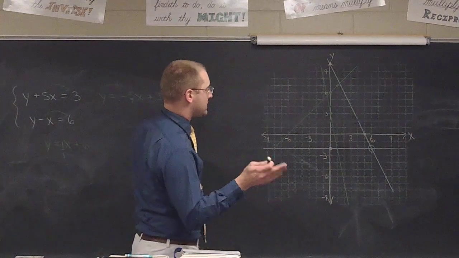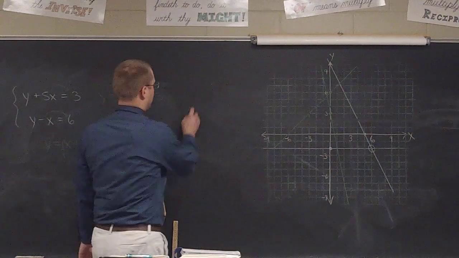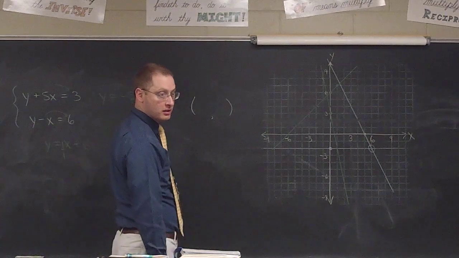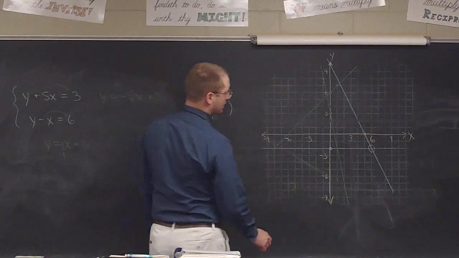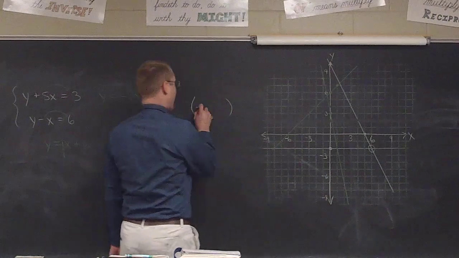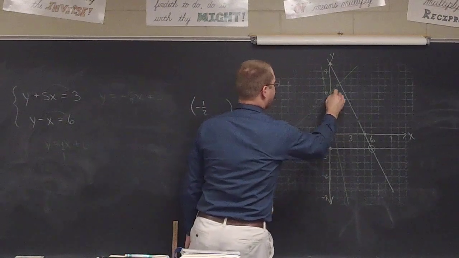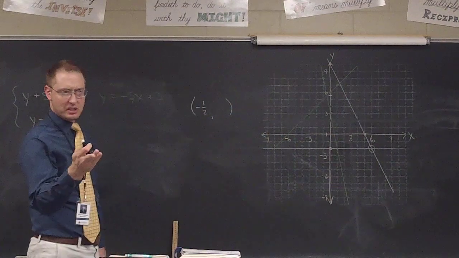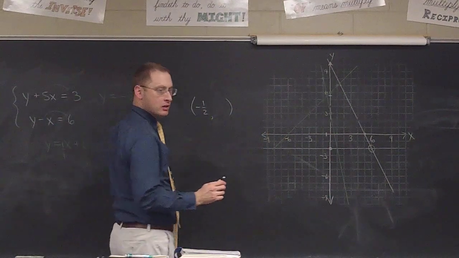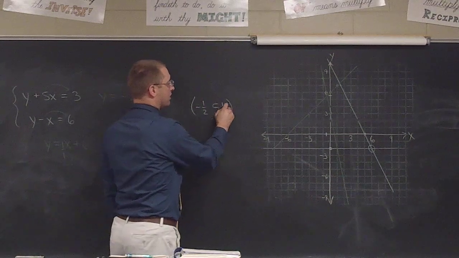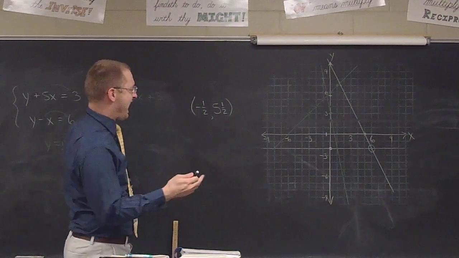It looks like x value is about -0.5 here. Kind of lines up right there. And my y value looks like it's about, I'd say about 5.5, right ish.